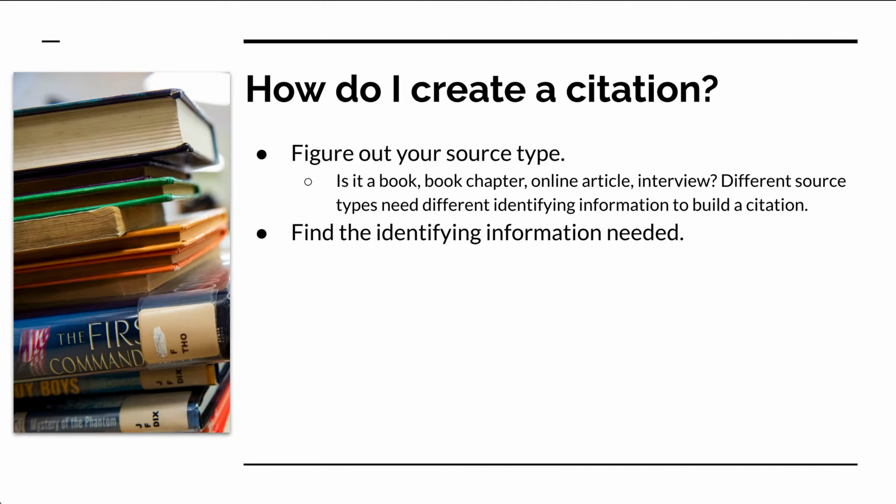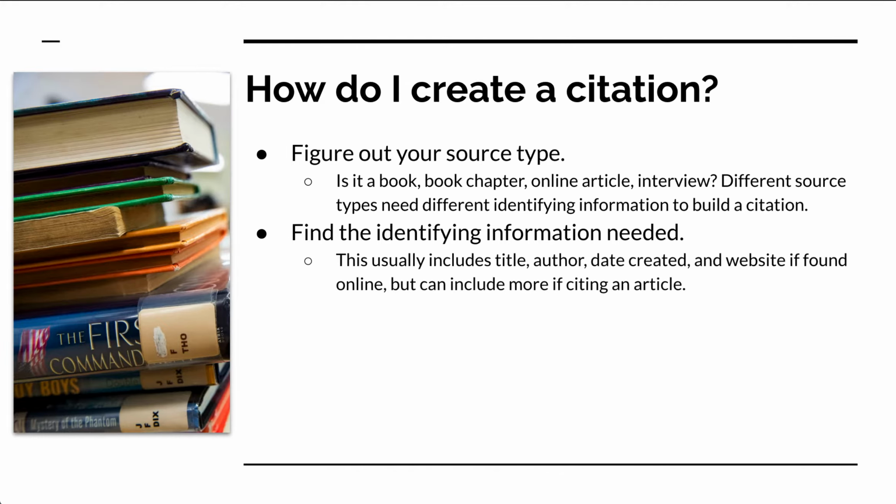Once you've identified your source type, then you'll need to identify the information needed to cite that source. That information usually includes a title, author, the date created. If it's found online, you'll need to find the URL or DOI, Digital Object Identifier, everything you'll need in order to cite that source.